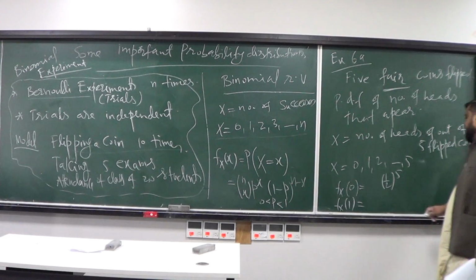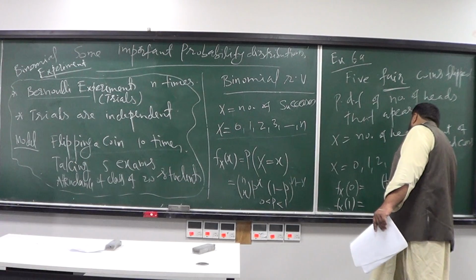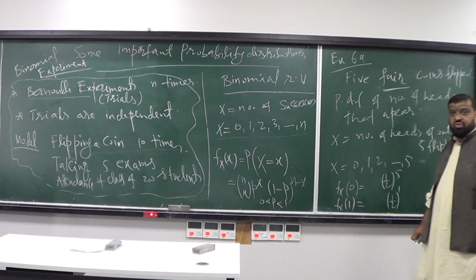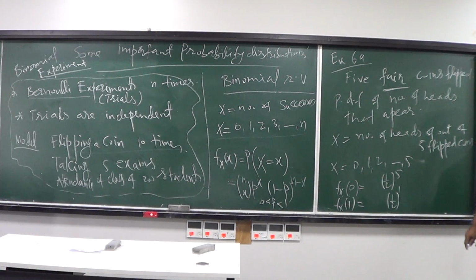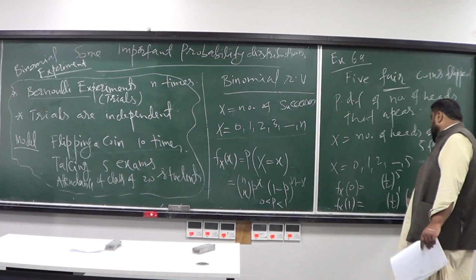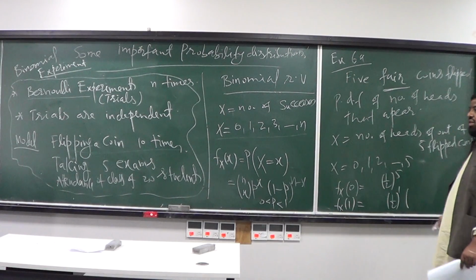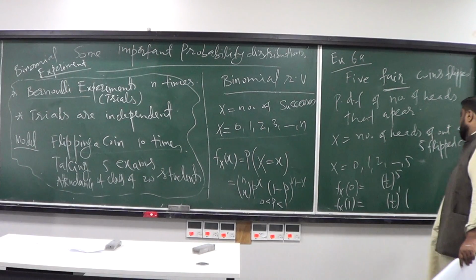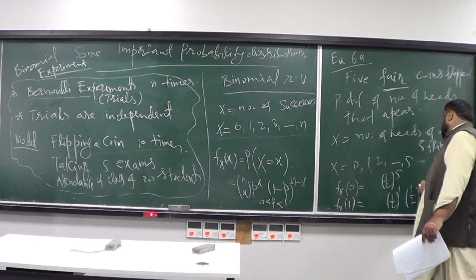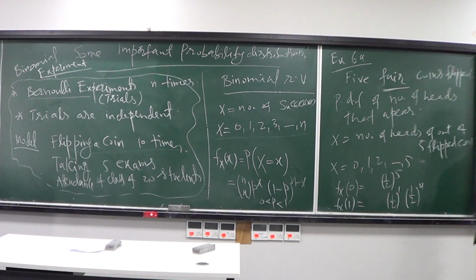So you have 1/2 raised to 1. This is the probability of having 1 head, times, because all trials are independent, 1/2 raised to 4. This is the product of the probabilities of having 4 tails.